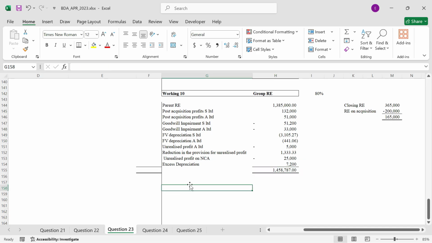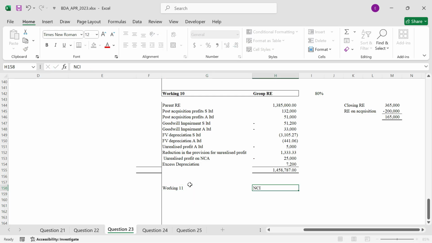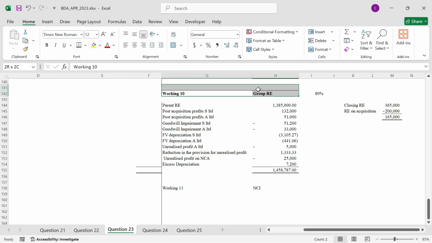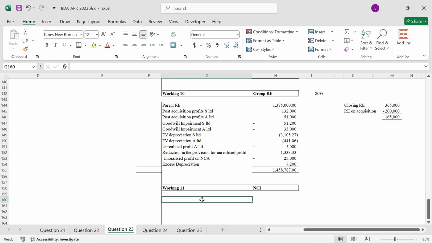Then the final calculation, working level, which would be my NCI. So this would just be almost an exact replica of what we have for our routine, and we'll have the NCI position.